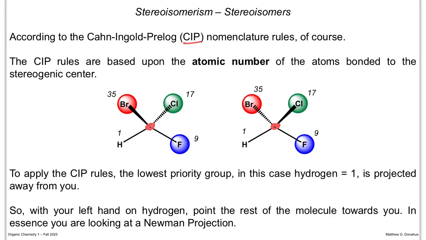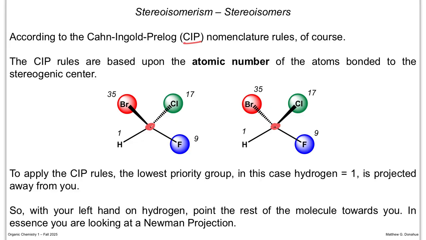Of each of those atoms, you're going to assign a priority based on the atomic number. And that's the number you see here from the periodic table. Notice in both cases, 9, 17, 35, 9, 17, 35. Those numbers are the same, but there's something different about how you view the order of those numbers.